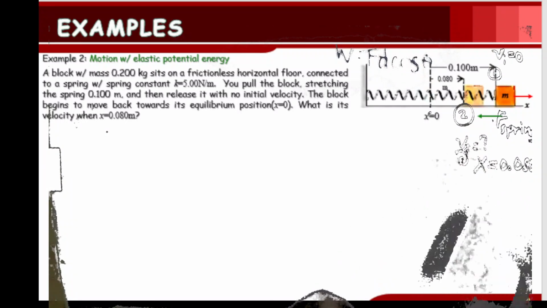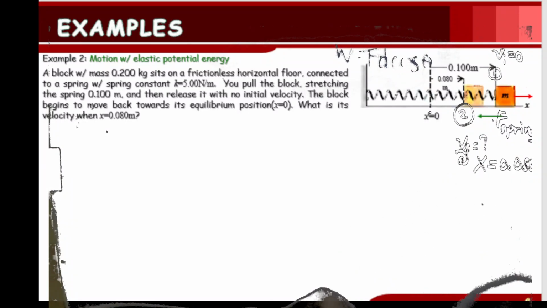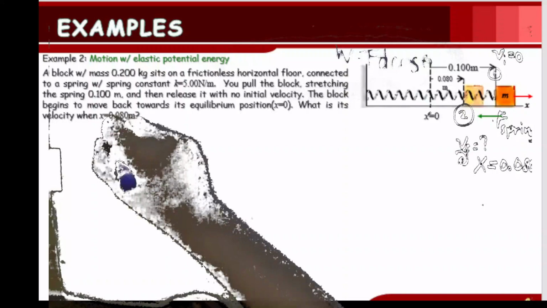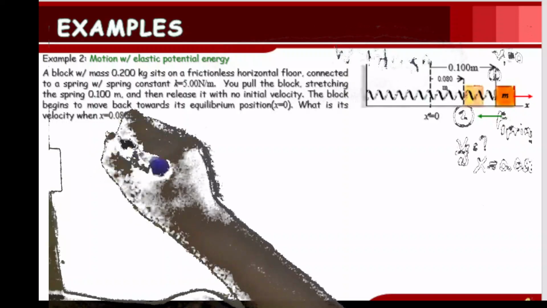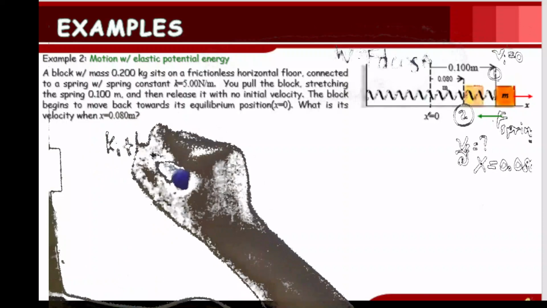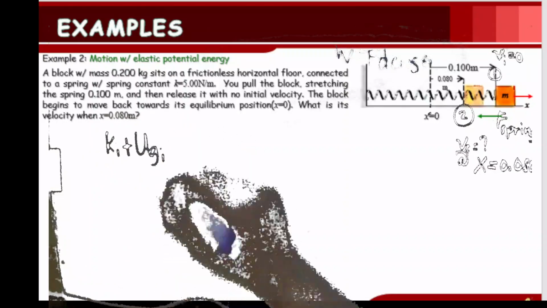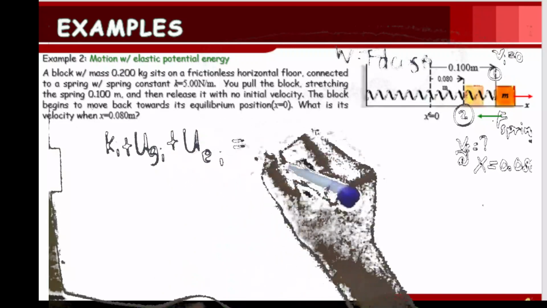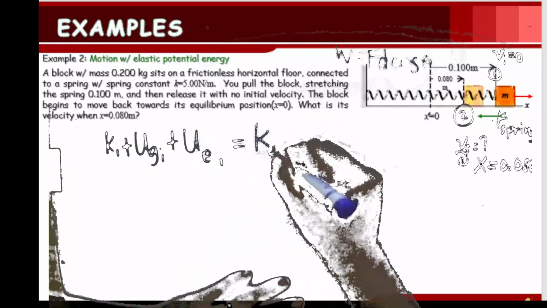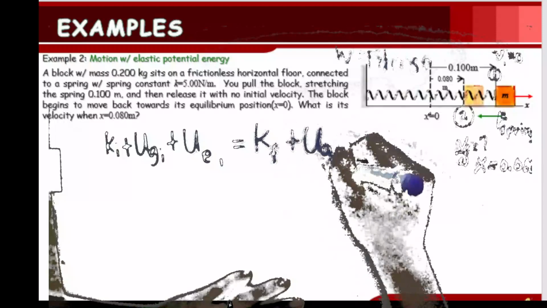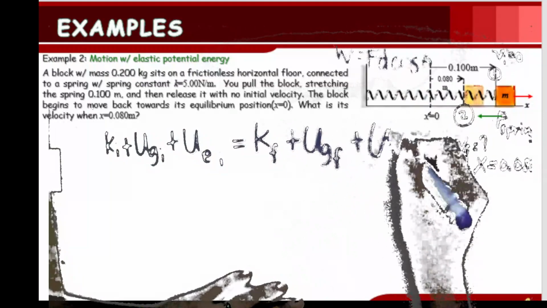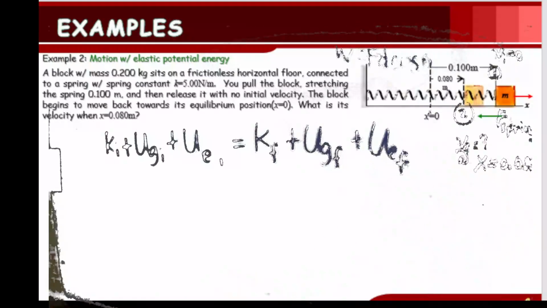In that case, ang katong general nga equation na ato ang gamiton. Okay? Again, in this case, mechanical energy is conserved, so we can use the equation. We have K initial plus U grav initial plus U elastic initial is equal to K final plus U grav final plus U elastic final.